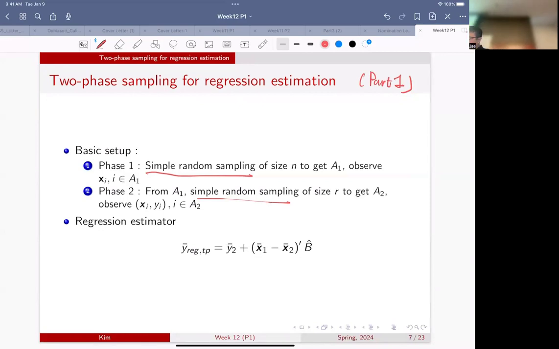then life is easy, right? That means the simple mean should be unbiased. The simple mean is unbiased for the population mean. So we can define and compute it. In phase one, we observe x_i in A1 so that we can compute x bar 1, where the sample size is n. So that is the sample mean.